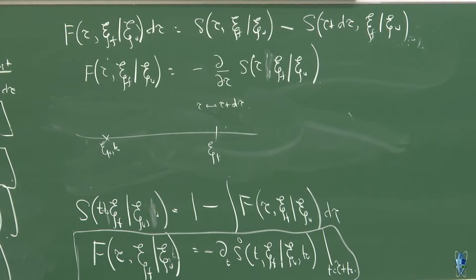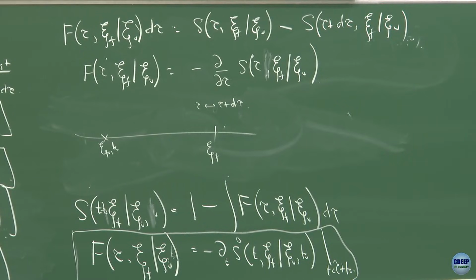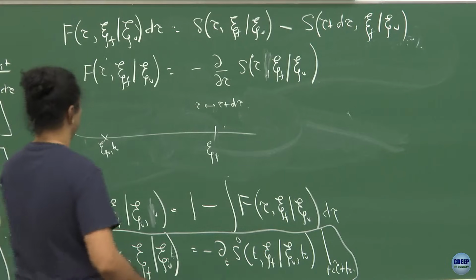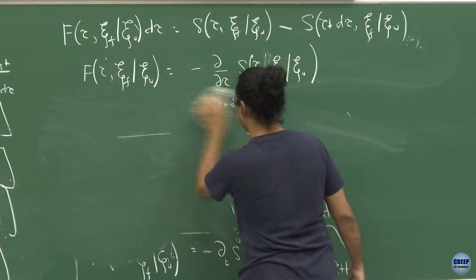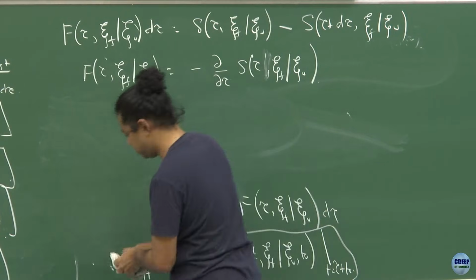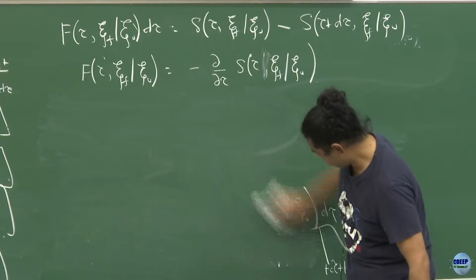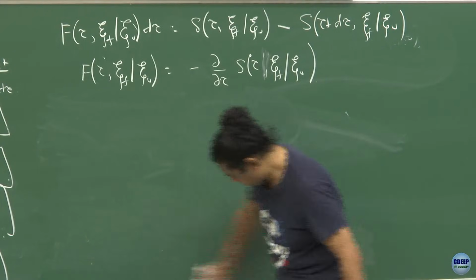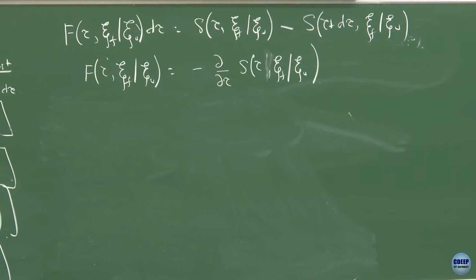Okay. All right. Now, that is the full distribution. Like I said, there are very few cases where one can solve for the full distribution, but often it's easier to work in terms of the moments of this probability distribution.